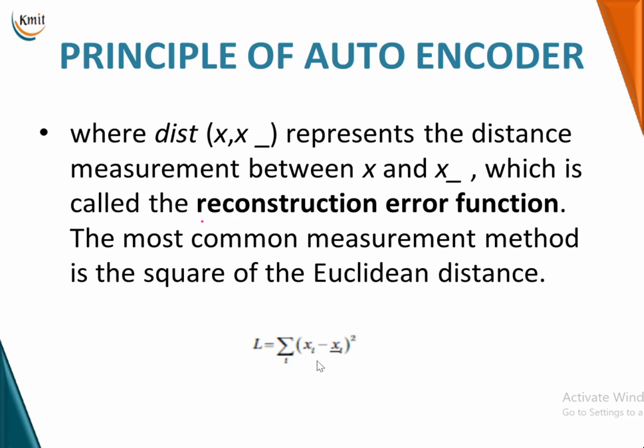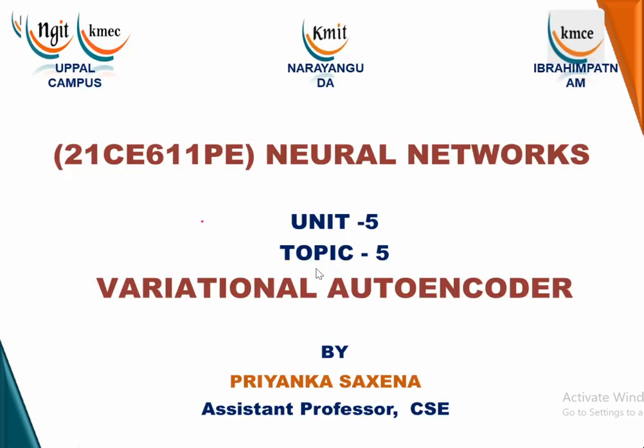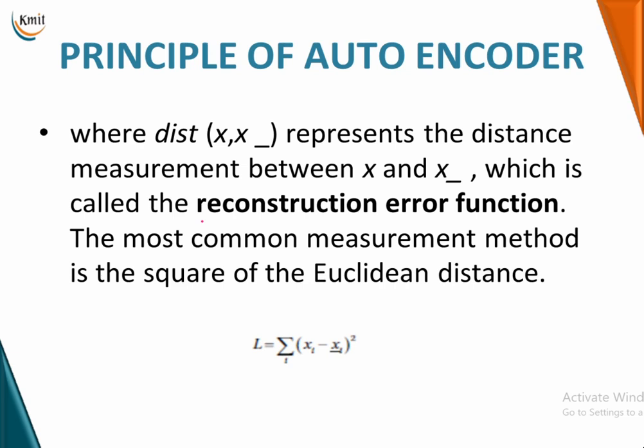I have already explained many times what Euclidean distance is. Kindly go through previous videos to understand mean square error using Euclidean distance. So this is what we are using here, mean square error, to determine your loss function, which we call the reconstruction error function. I think this was about the principle of autoencoder that you have to understand.